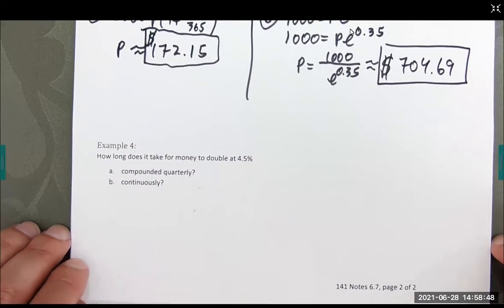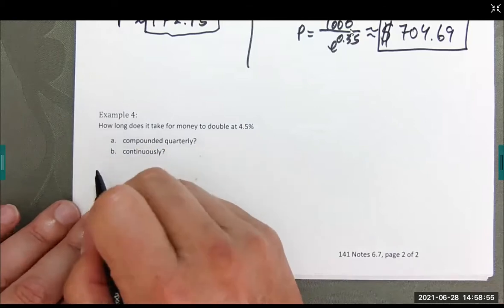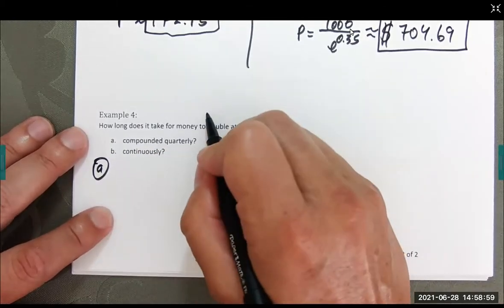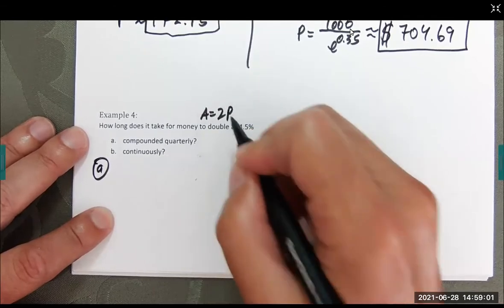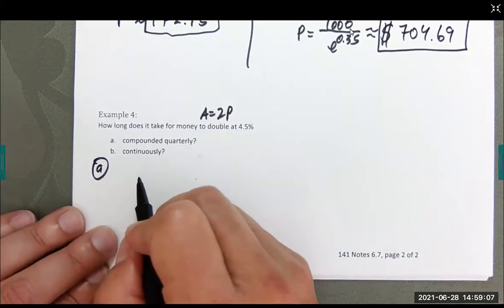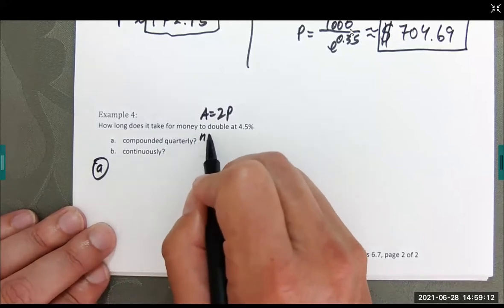Lastly, how long does it take for money to double at 4.5% compounded quarterly? So let's start here with part A. Money to double means A is 2 times the principal. So using the first formula, by the way, this means n is 4, right?